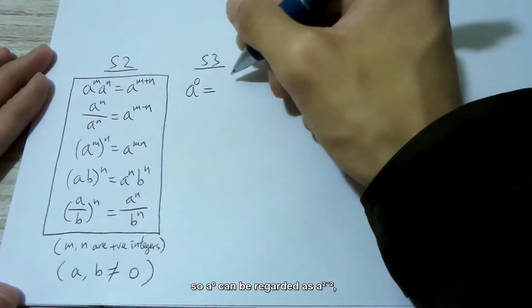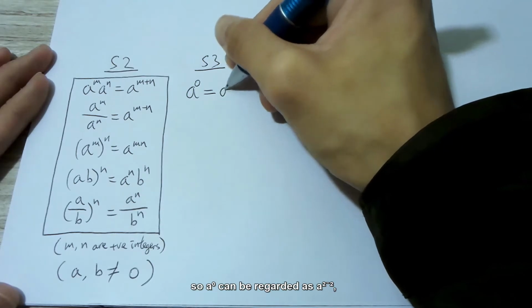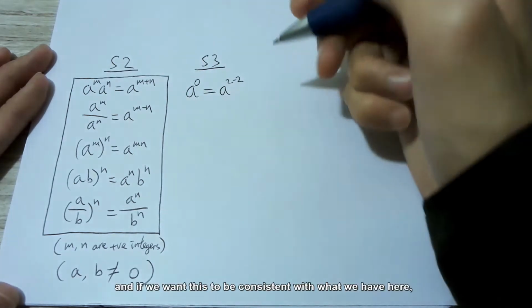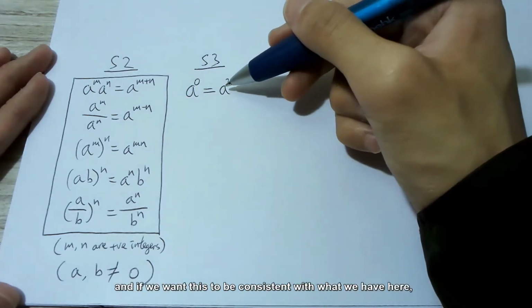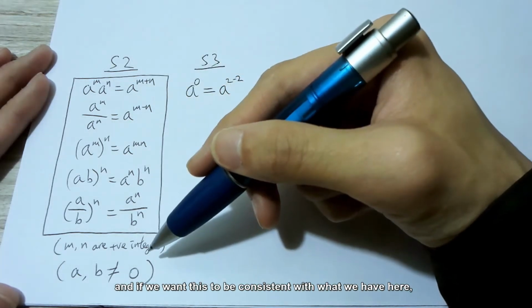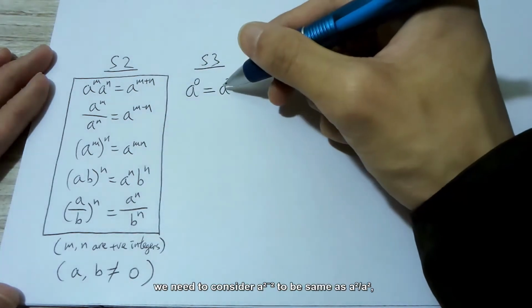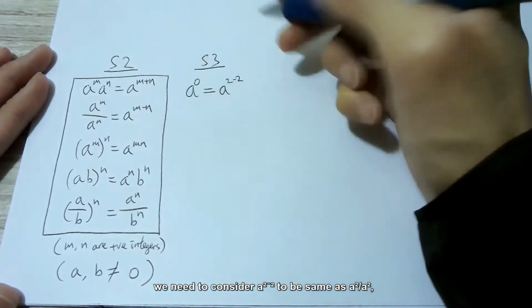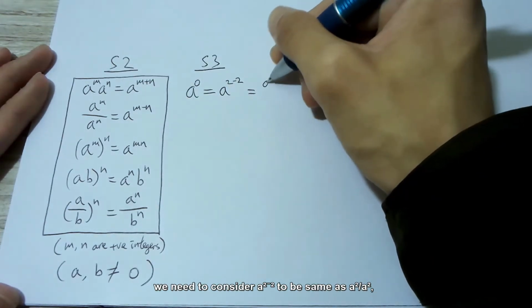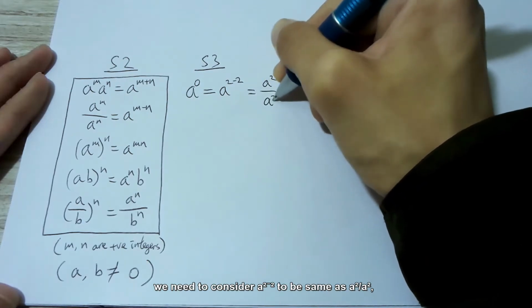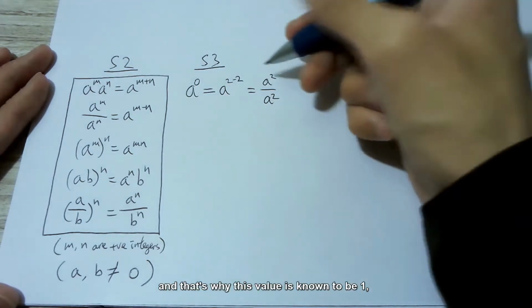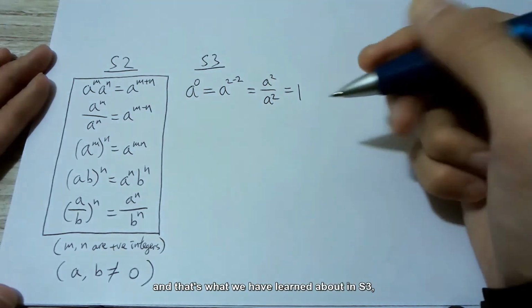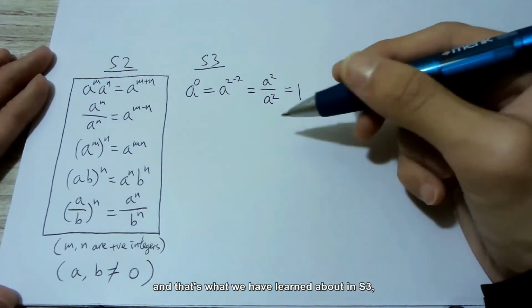So a to the power 0 can be regarded as a to the power 2 minus 2. If we want this to be consistent with what we have here, we need to consider a to the power 2 minus 2 to be the same as a to the power 2 over a to the power 2. And that's why this value is known to be 1. And that's what we have learned about in S3.